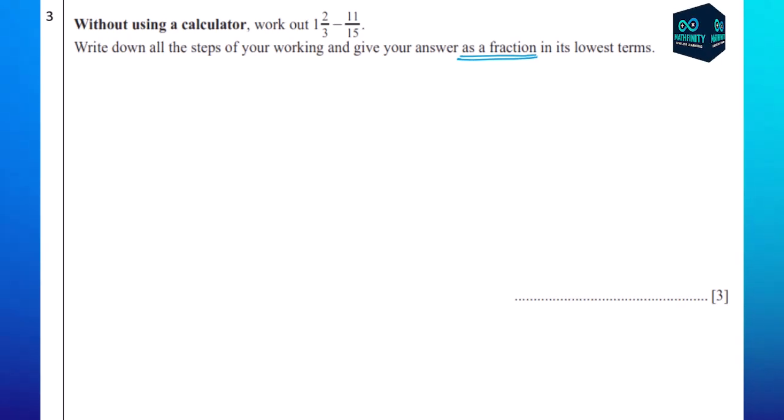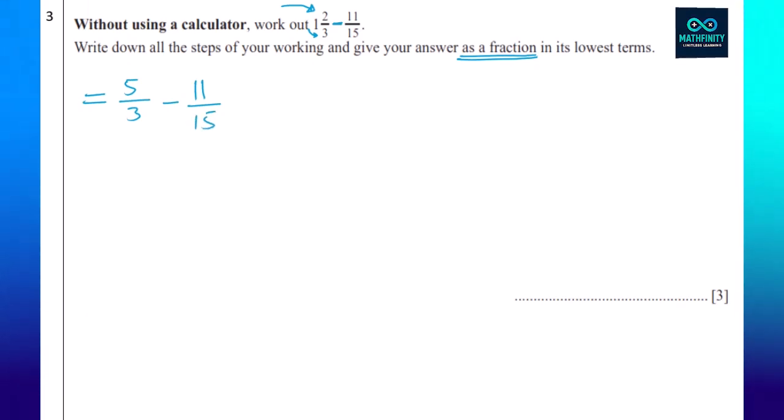As I already told you, the first step is to convert the mixed number into an improper fraction, whatever the operation is, addition, subtraction, multiplication or division. 1 times 3, 3 plus 2, 5. So we have to write here 5 over 3 minus 11 over 15.